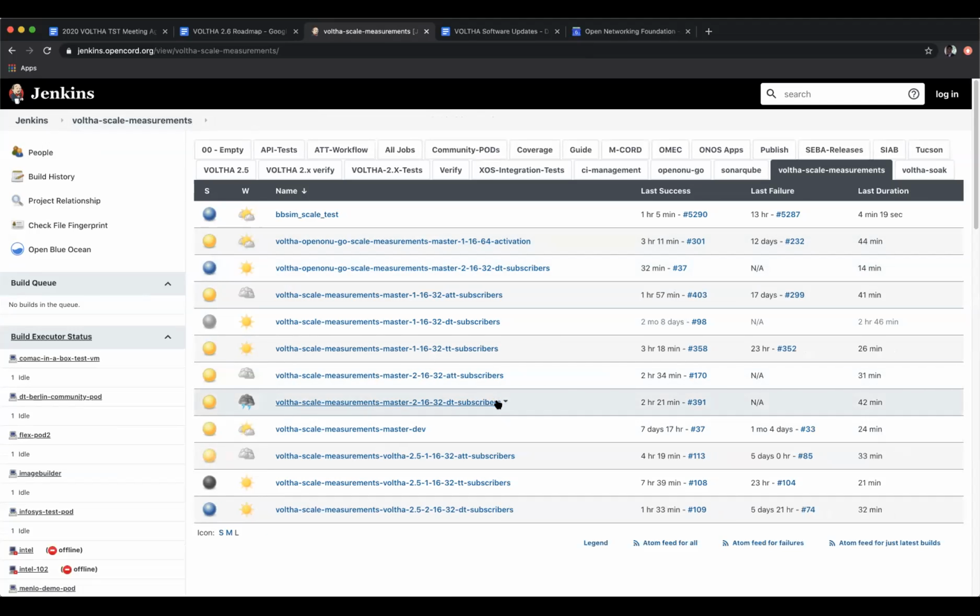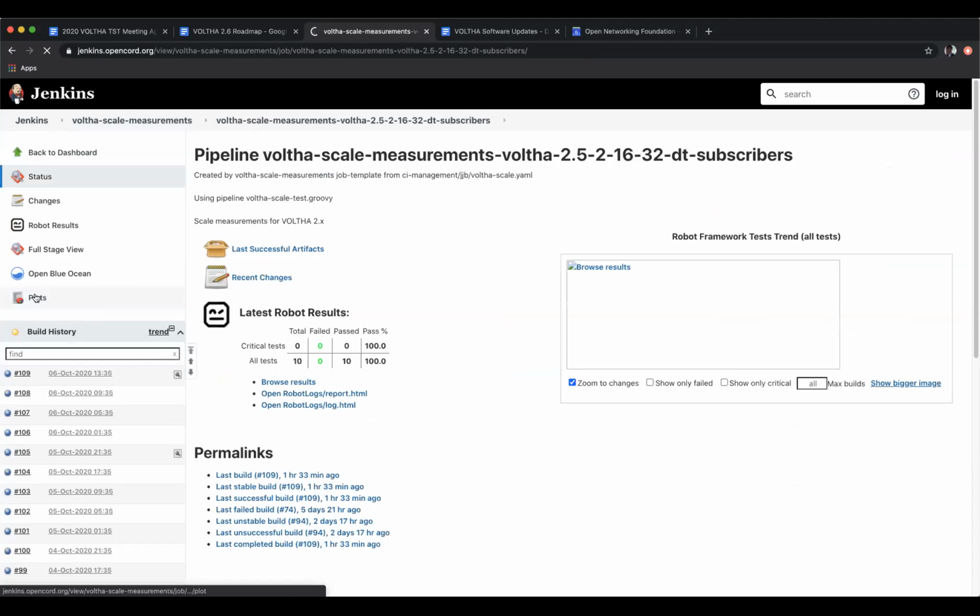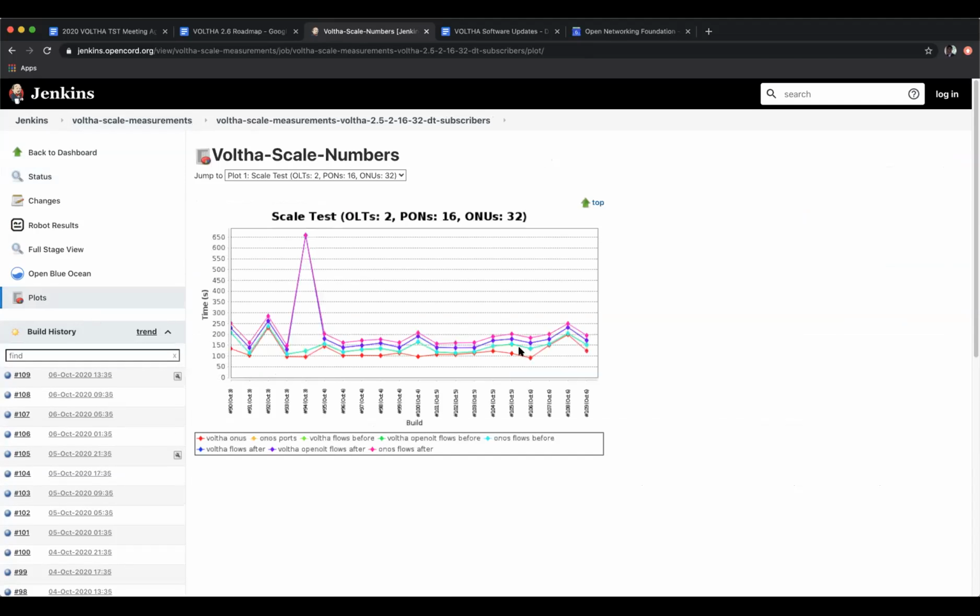So the main difference is in the time that the adapter takes to go through the OMCI process. That's where we get the main benefit. Then the flow processing and all the other stuff is pretty similar in performance, because there are many more components involved there.